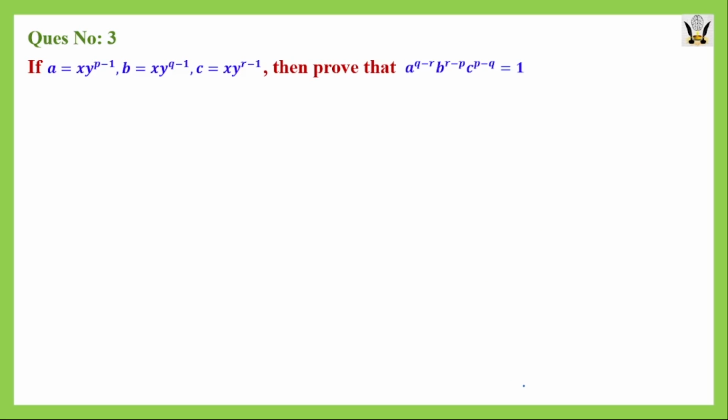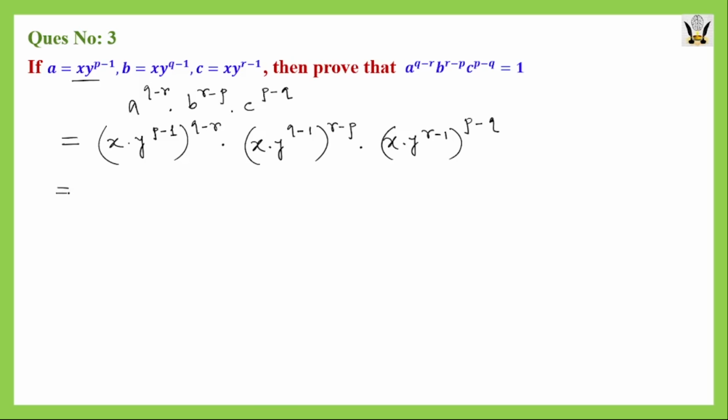Now we will move on to the next problem sum, which is in front of you, and we will simplify that. So in place of a, we will put the value that is given, and we will do that for the other two terms as well. So it can be further written this way: x to the power q minus r is one term, followed by y to the power p minus 1, then q minus r, and then we have the other terms.